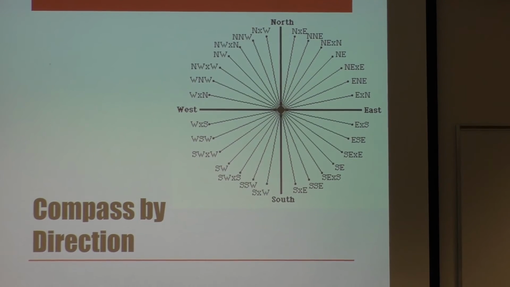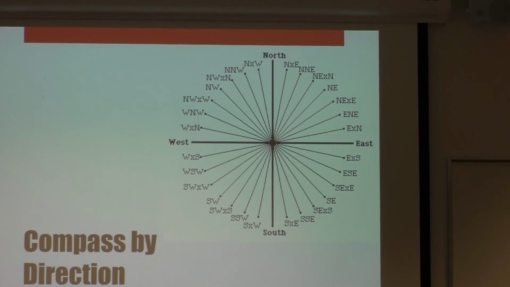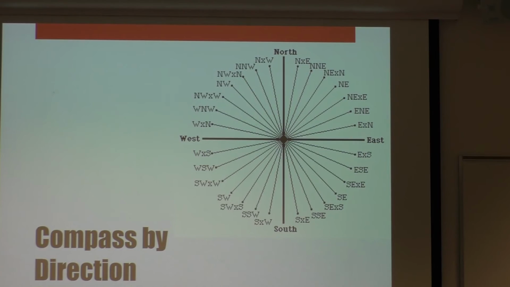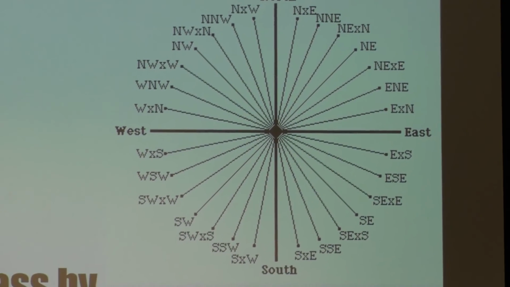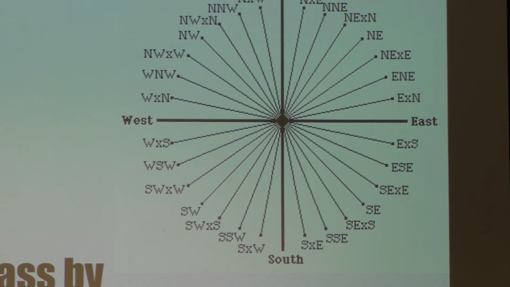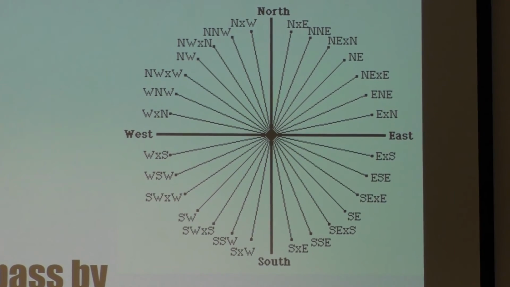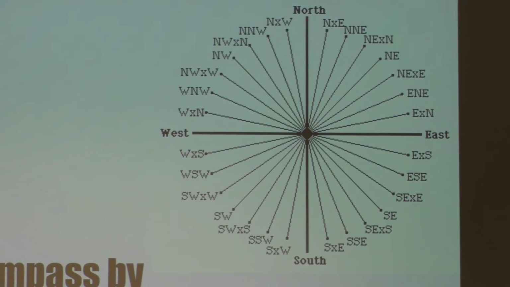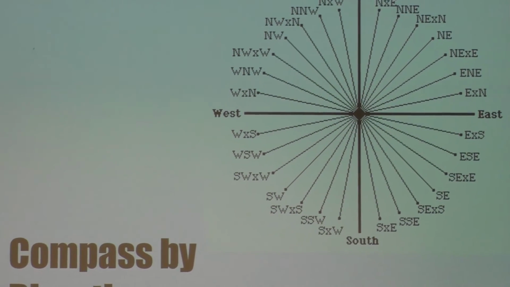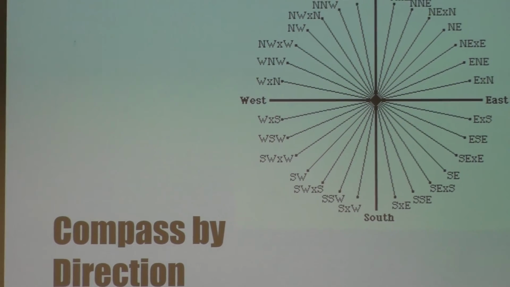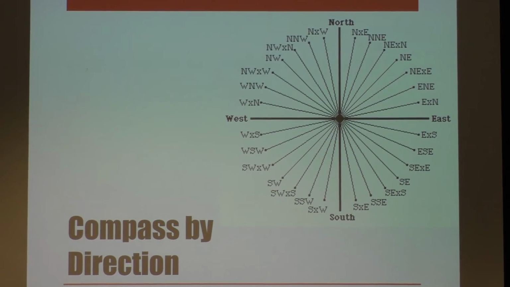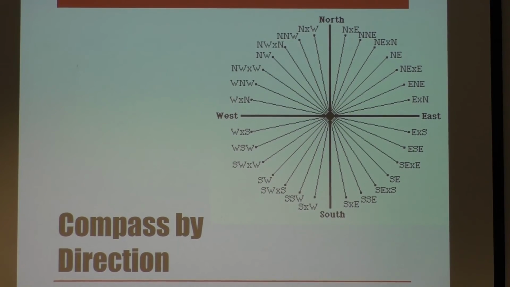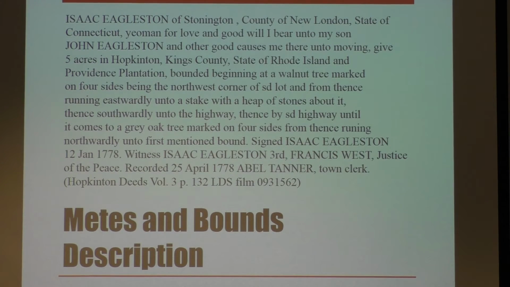So we've got northwest by north, northwest, and so forth. Now those are just approximate, and that's where we get into difficulty in getting the exact boundary. But the saving thing here is we don't have to know the exact boundary. We just have to know exactly where the property was, not the exact measurements of the property. That's not important to us. We're not going to court about it.